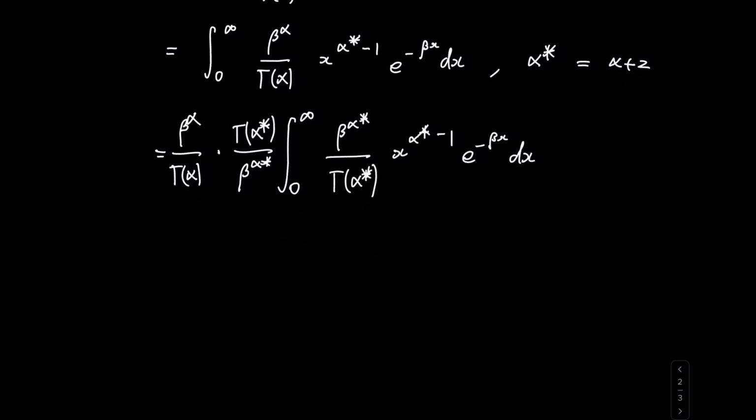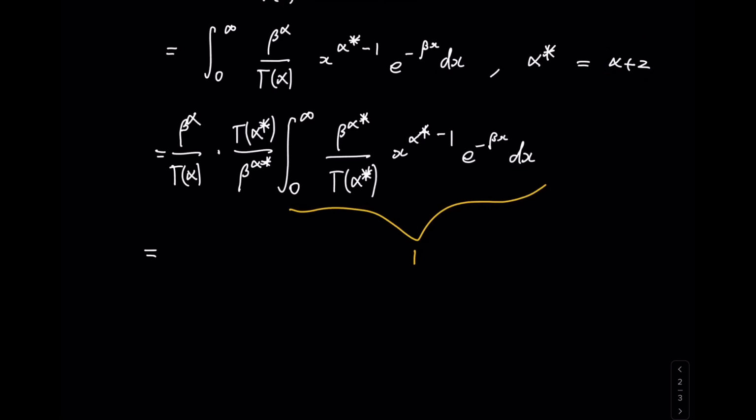So it looks almost identical to how we were doing it before, but in this particular case, again, this component of the distribution collapses to 1 because this is a probability density function with a new shape parameter and the same rate parameter, just this time the shape parameter is alpha plus 2.